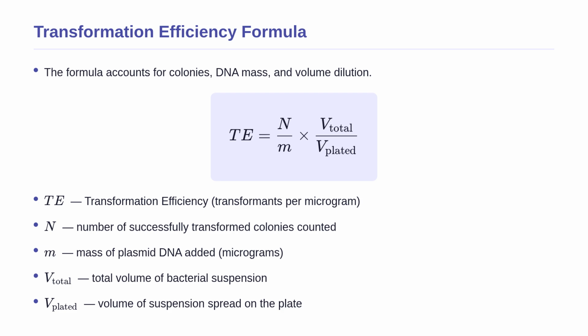The variable M is the mass of the plasmid DNA you added, measured strictly in micrograms. V total is the total liquid volume of your recovery tube, and V plated is the tiny fraction of that liquid you actually spread onto the agar. If you increase the mass of DNA but get the same number of colonies, your efficiency decreases, meaning your cells were not very competent.